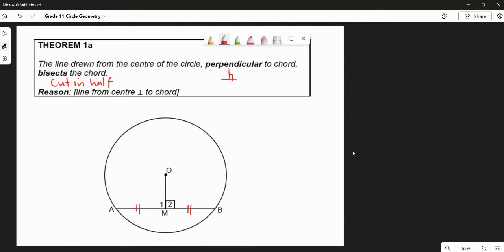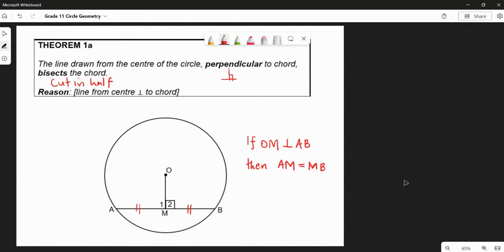So if the line OM is perpendicular to AB, we can then say AM is equal to MB. That's what the theorem is saying there. So let us look at how to prove the theorem now.